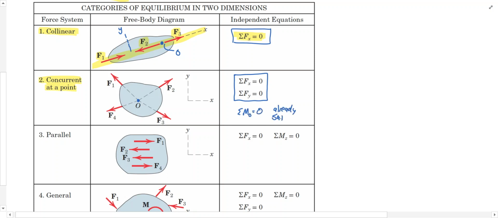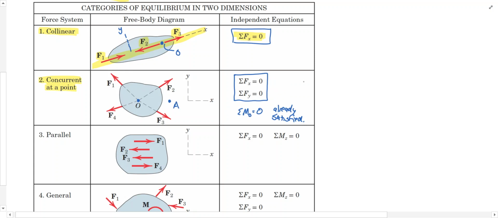So it won't do you any good to write that equation somewhere else. That's why it says independent equations. You could certainly say, well, let me take the moment around A, but it's not going to be a useful equation. Like this equation will be some combination of the other two. It won't be independent, so it's not really that beneficial.